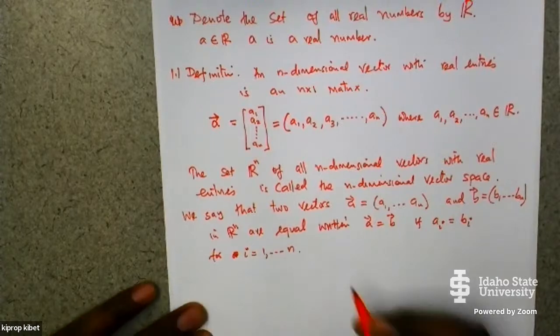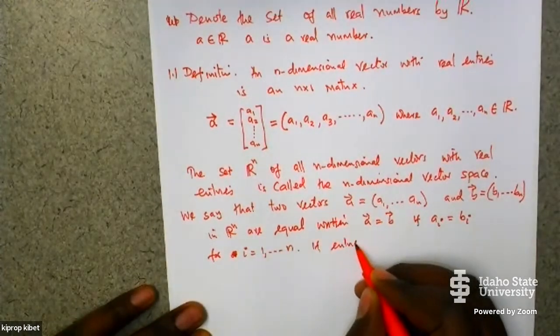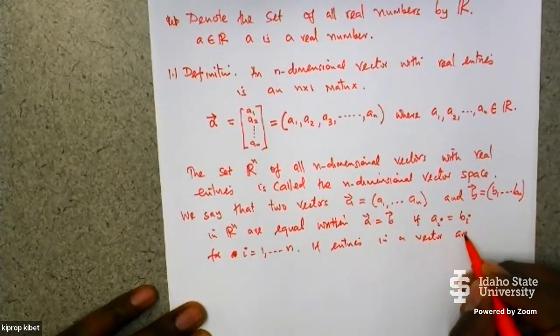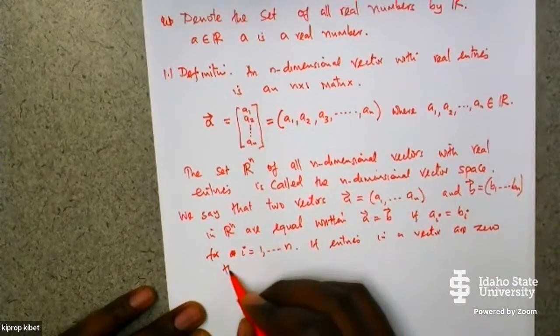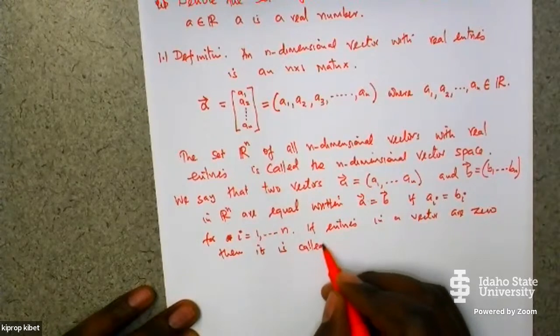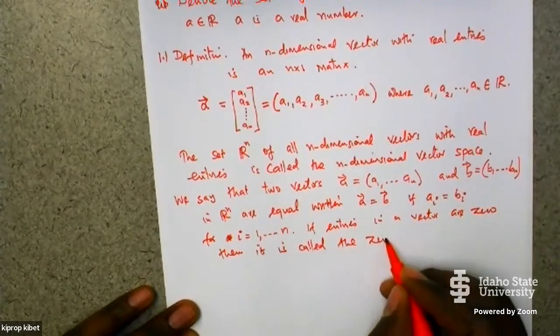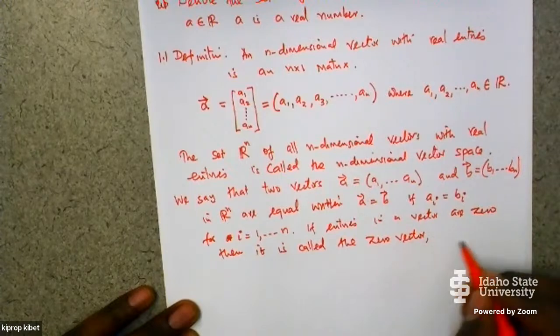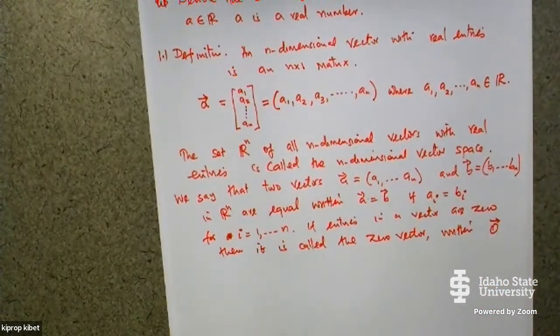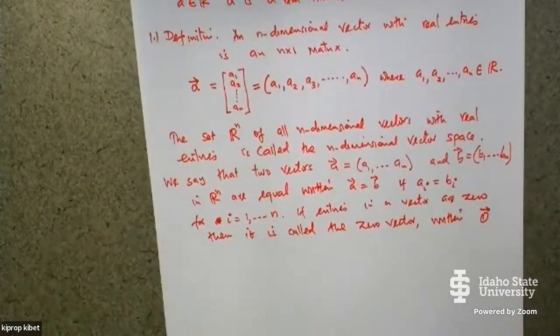We can also say that if the entries in a vector are all 0, then it is called the 0 vector, which we can write as 0 vector. So those are the terms that we need to know.